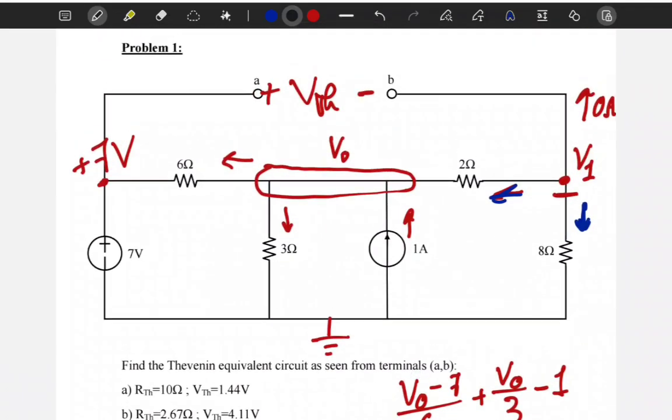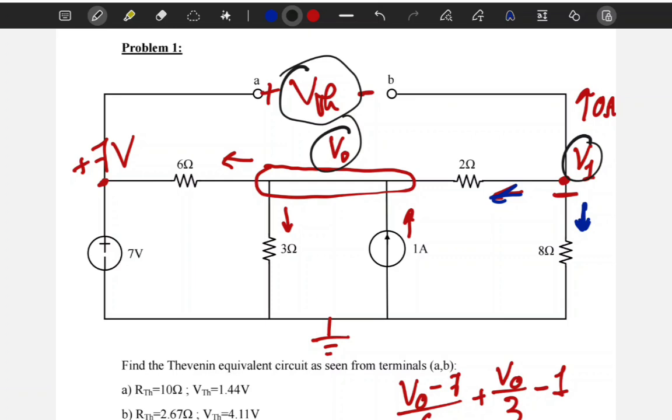Now what we can do to get Thevenin, notice how we only got V0 and V1, which isn't our target really. We really need Thevenin. So what we can do is apply a KVL that includes Thevenin. Now that I know all the voltages, I can simply do a KVL with all these nodes that I found in order to find Thevenin.